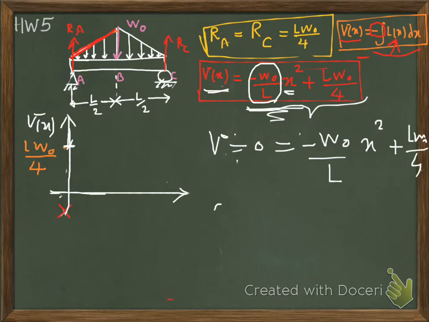Okay, so this is how it is going to look right down here. I'm saying minus W naught over L x squared is equal to minus L W naught over 4. That is going to go away.